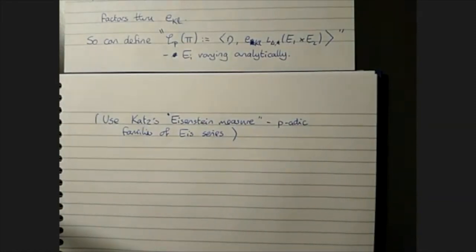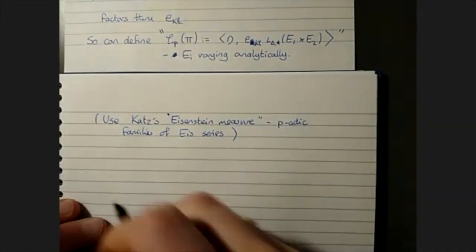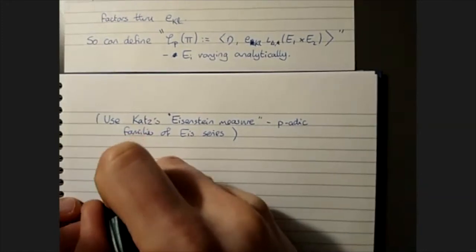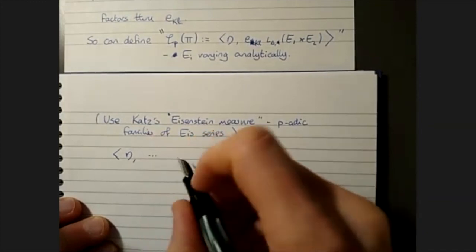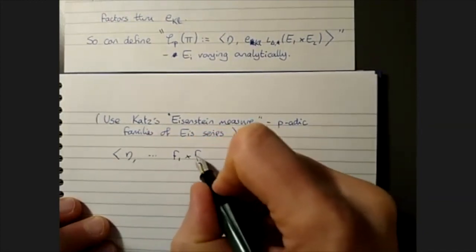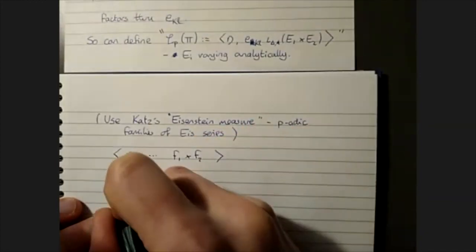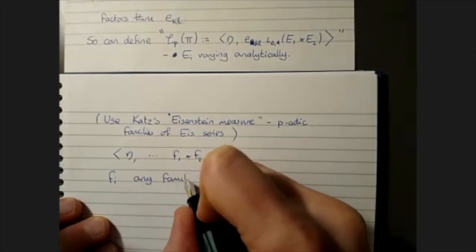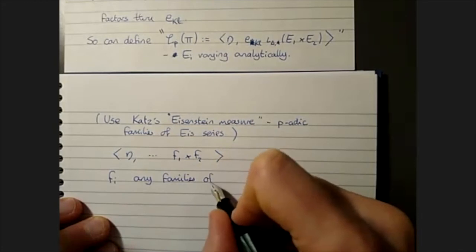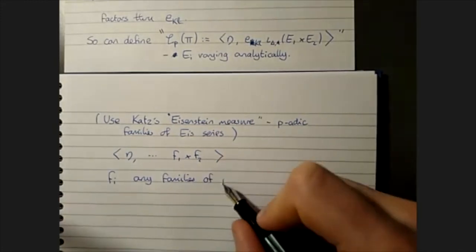But we can go further than this. We can make sense of these push forwards eta, F1 times F2, for F_i any families of p-adic modular forms.